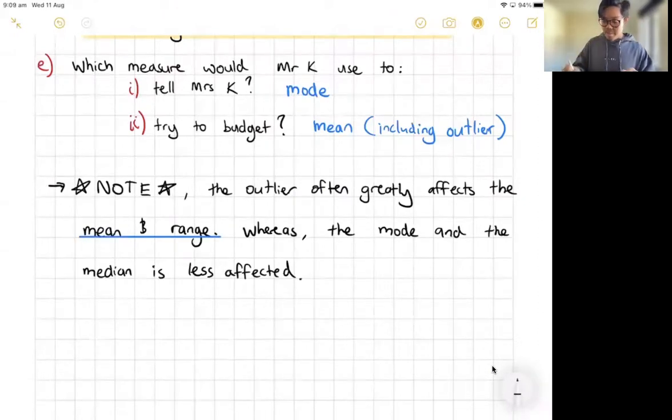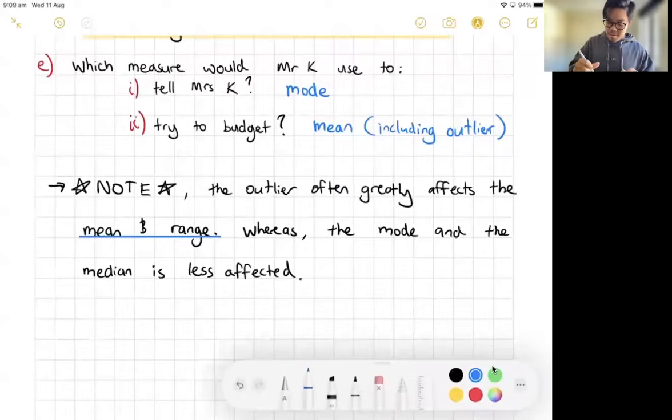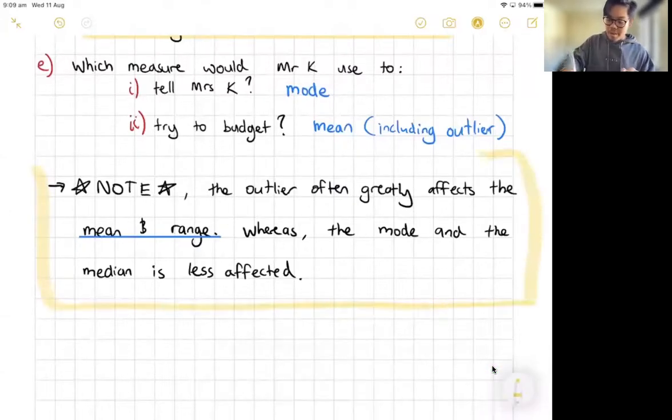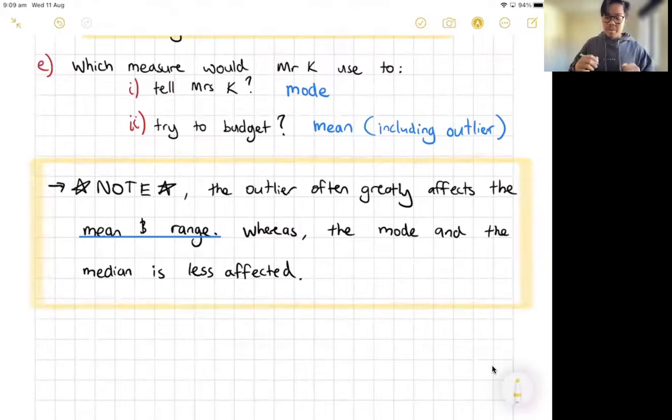So that is probably a helpful note that will help in the questions. If I don't want to change the data too much, maybe I'll use the median. If there's an outlier and I don't want the measure to be affected too much, I'm going to use median or mode. But if I want everything to give me an overall picture, then maybe mean will be best, if there's not too many outliers.